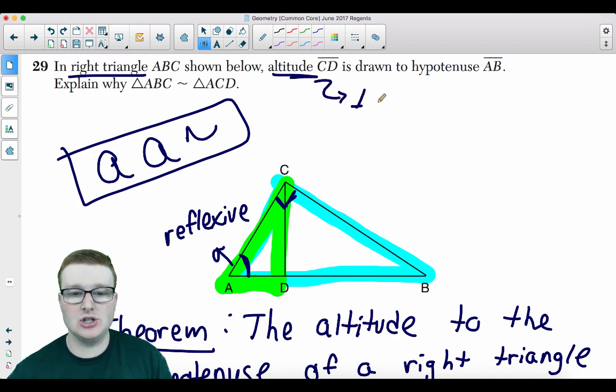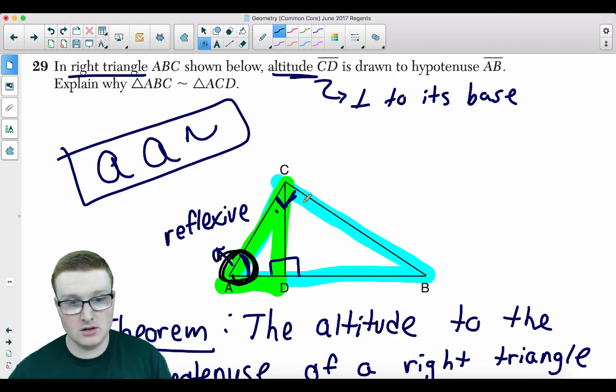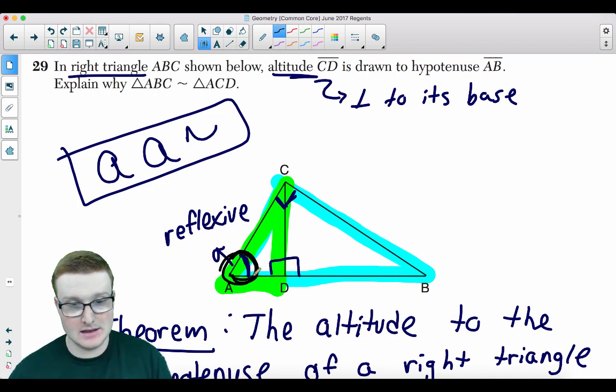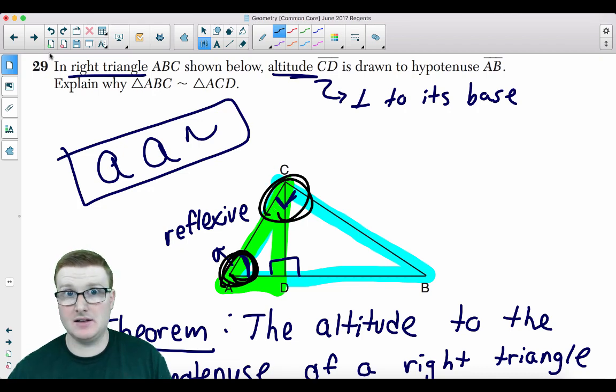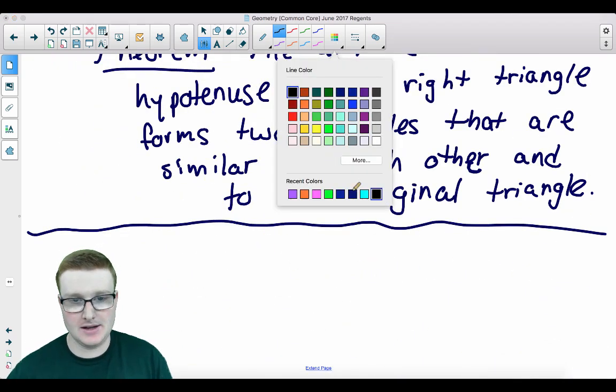And remember that the altitude is perpendicular to its base, like we saw in the trapezoid construction. So this is a right angle. Well, clearly, these 2 triangles are proven by angle-angle similarity because the green triangle has this angle and this angle, okay? And the blue triangle has this angle and this angle to work with. So we're definitely going to prove it by angle-angle similarity.